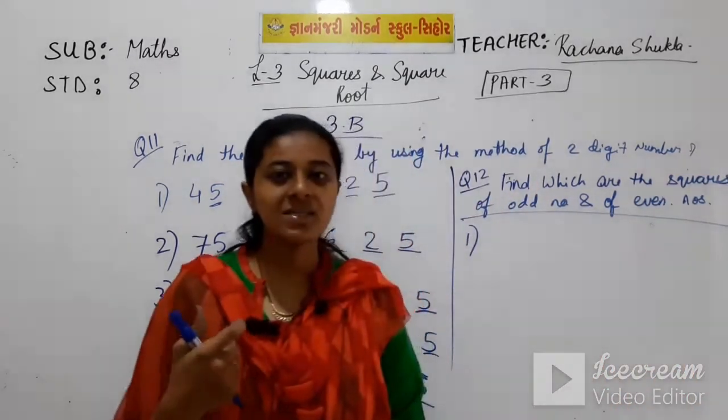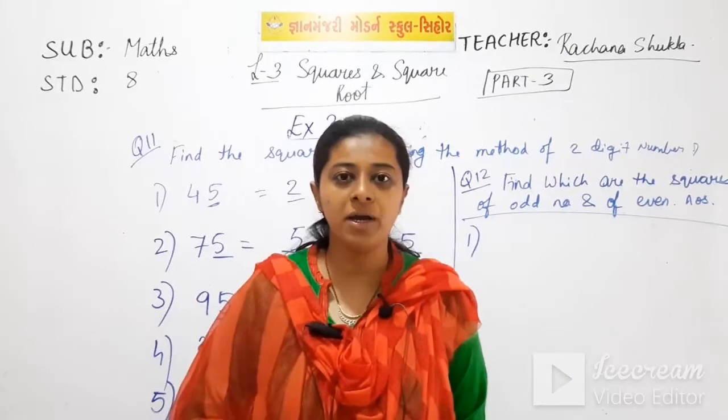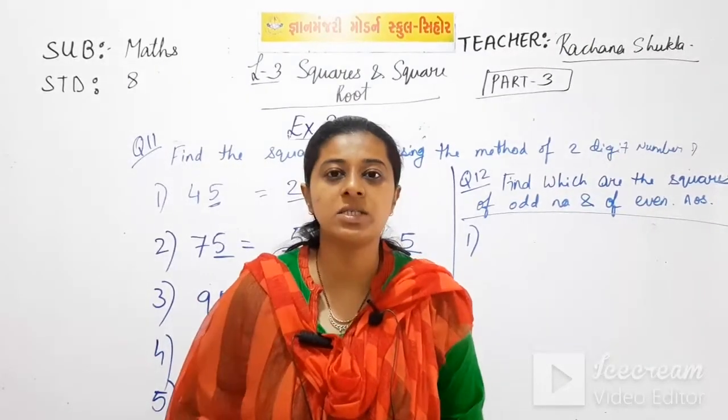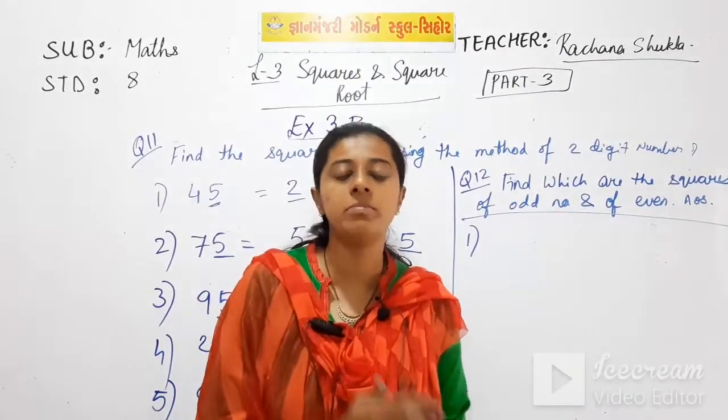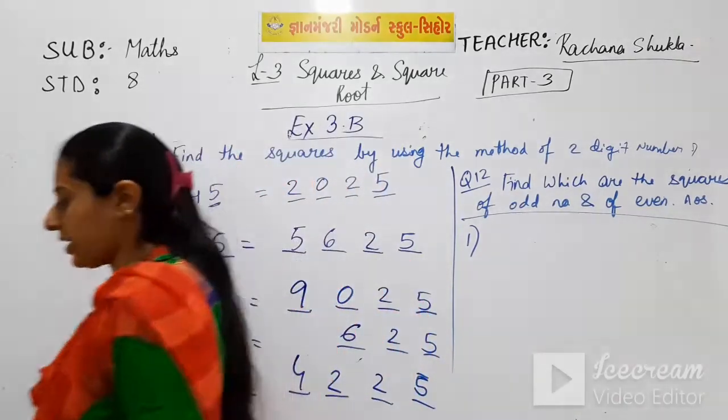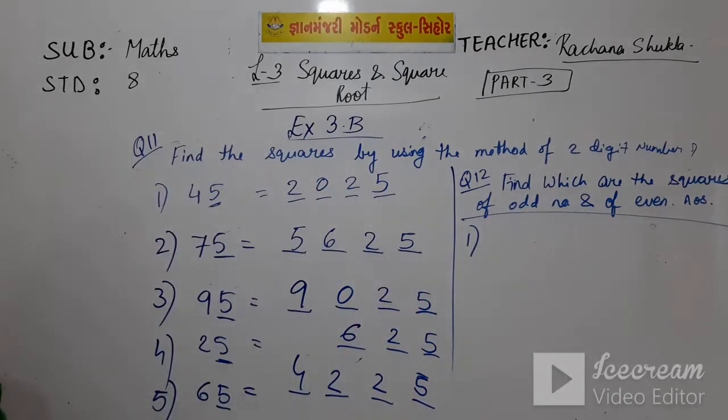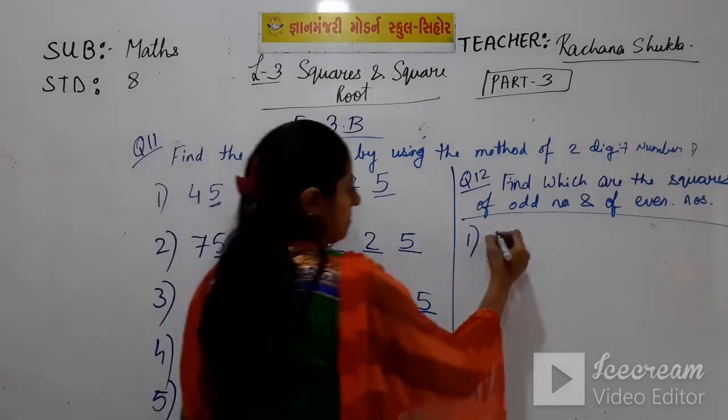So a number is given and you have to find out whether the number is the square of either an odd number or an even number. Starting with the first question, that is 961.